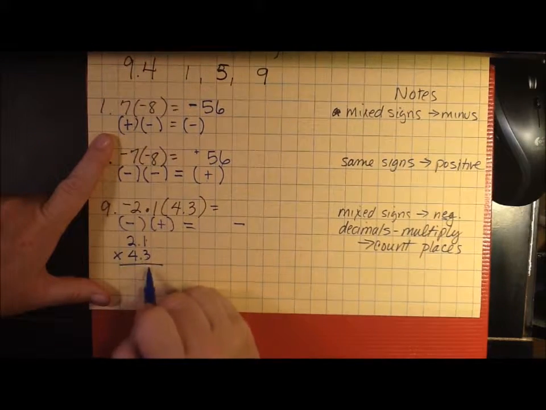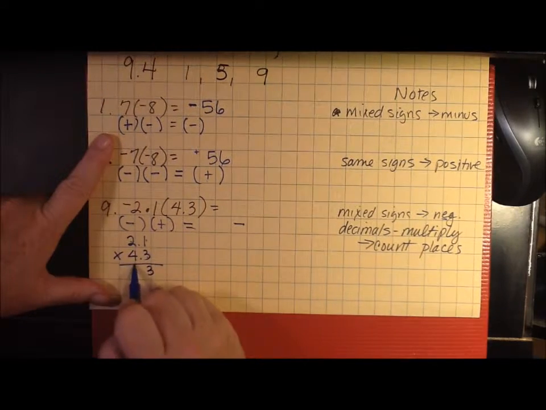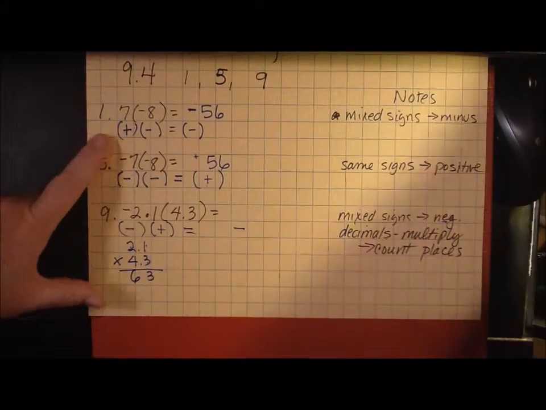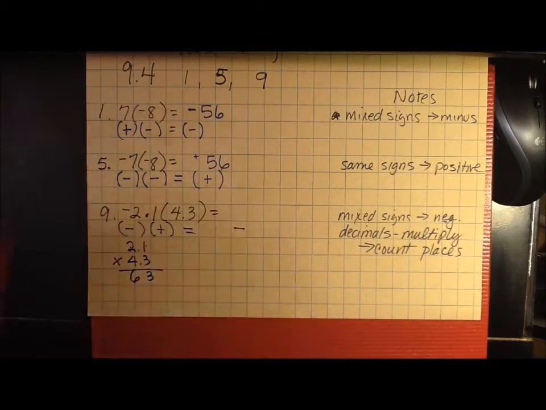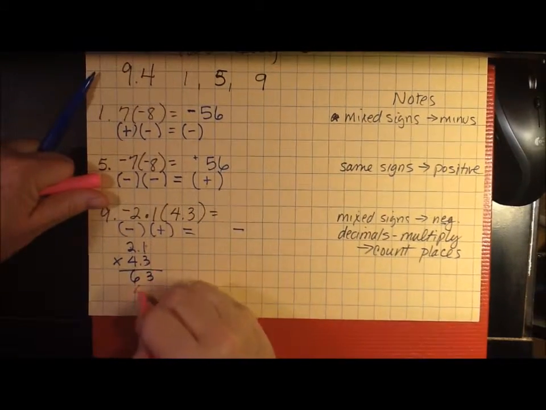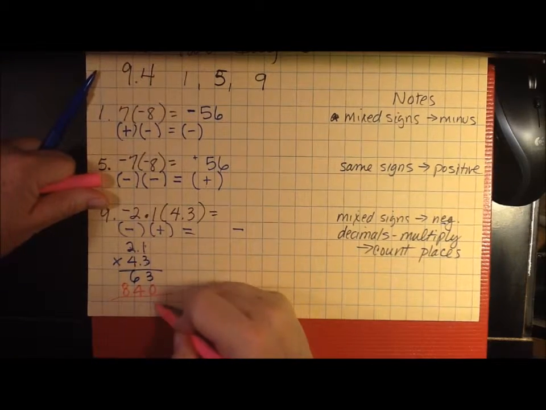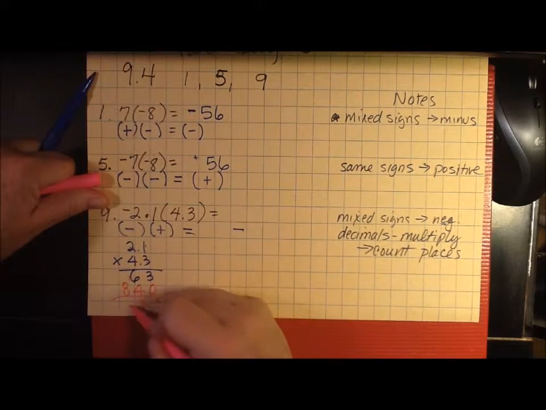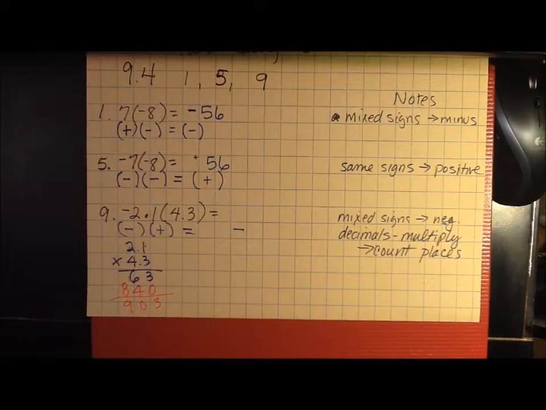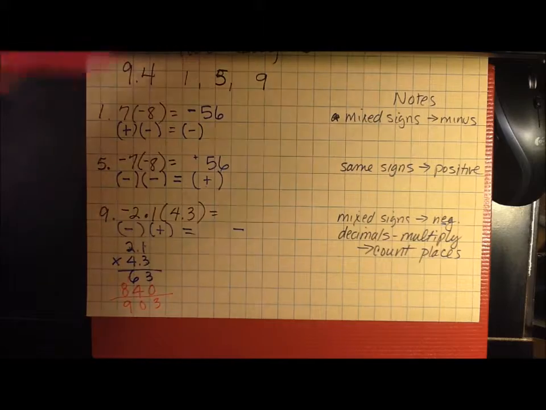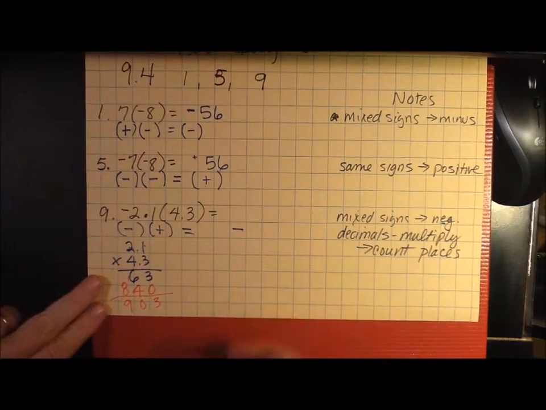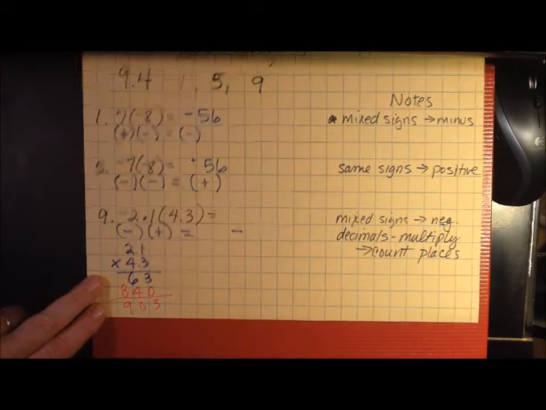3 times 1 is 3. 3 times 2 is 6. Next line. 4 times 1 is 4. 4 times 2 is 8. Add them up. That looks like 903 right now. Where do I put the decimal point?